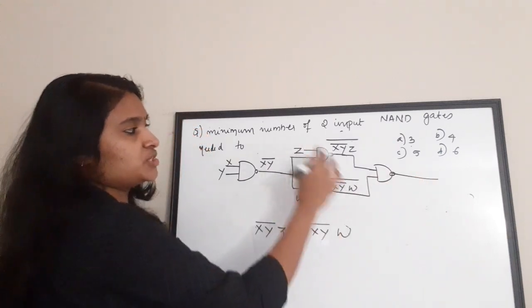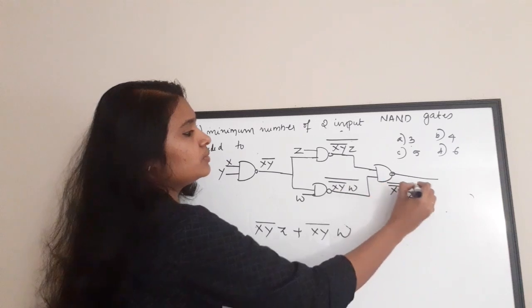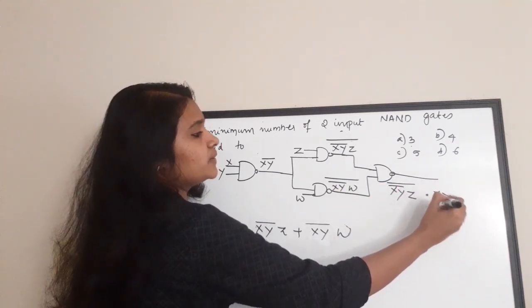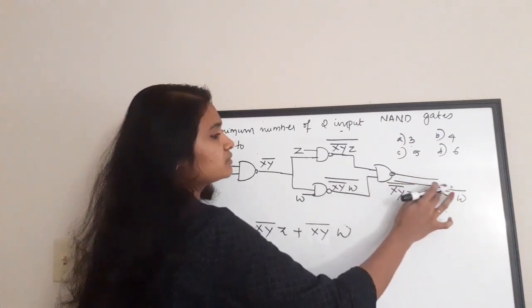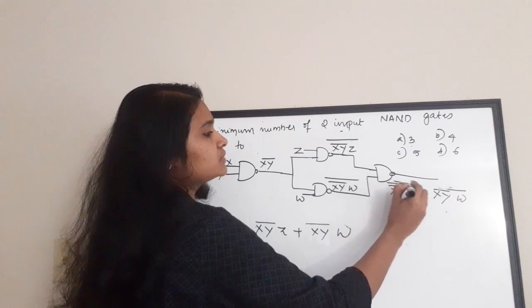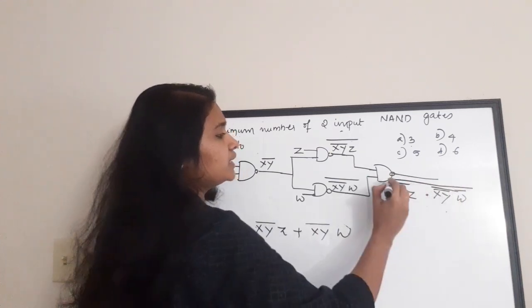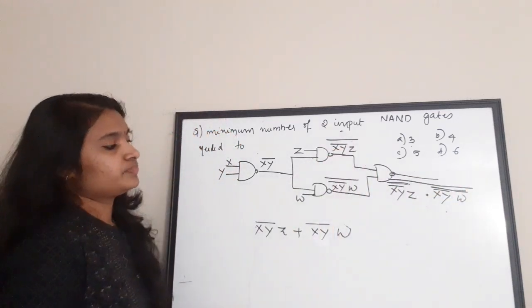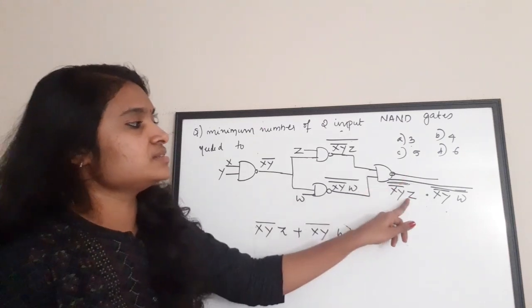What will be the expression here? It will be XY bar Z whole bar into XY bar W whole bar, the whole bar. So here we need this expression and the output is this.